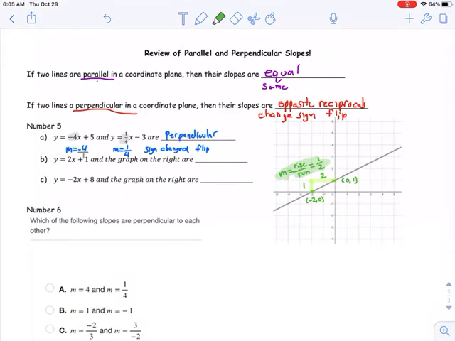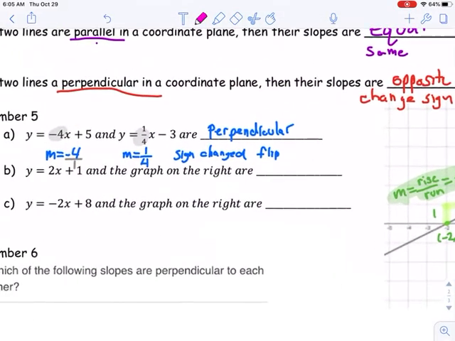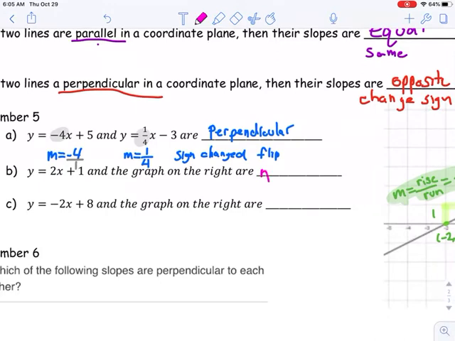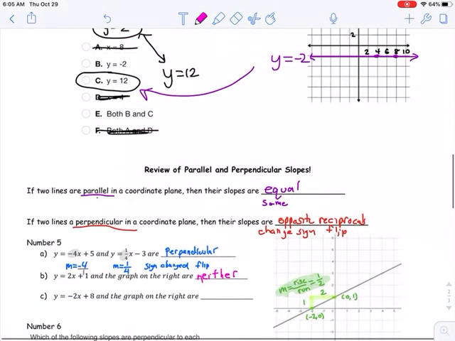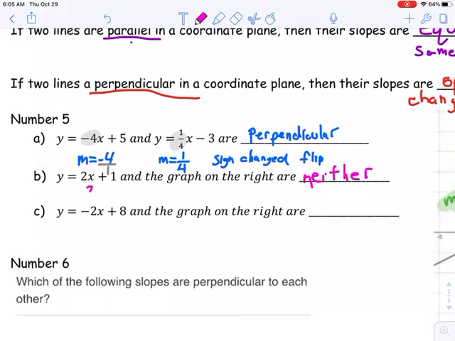So it says y equals 2x plus 1 and the graph on the right are, well, oh no, they are neither. 2 over 1 and 1/2.